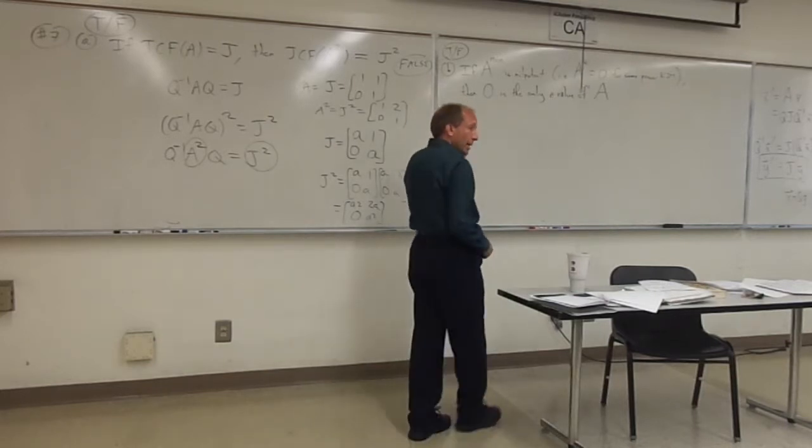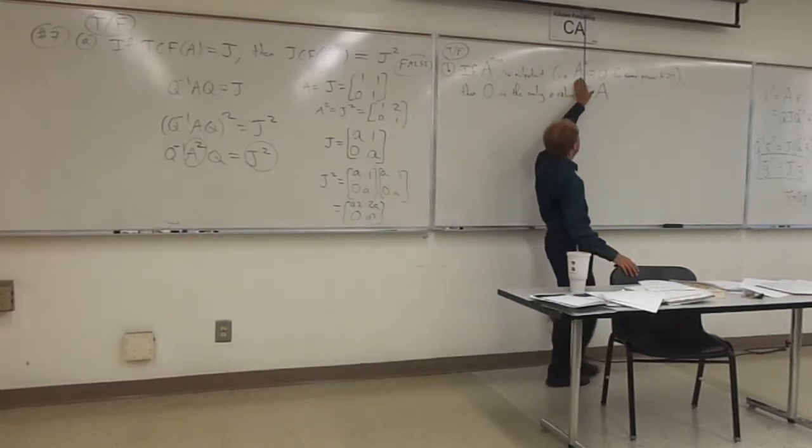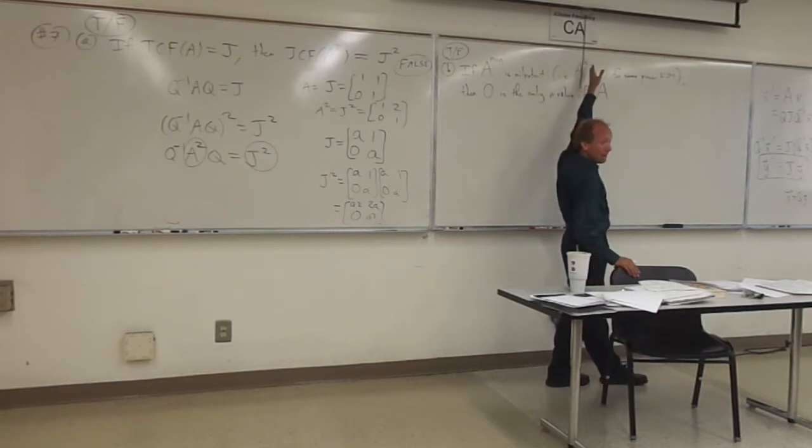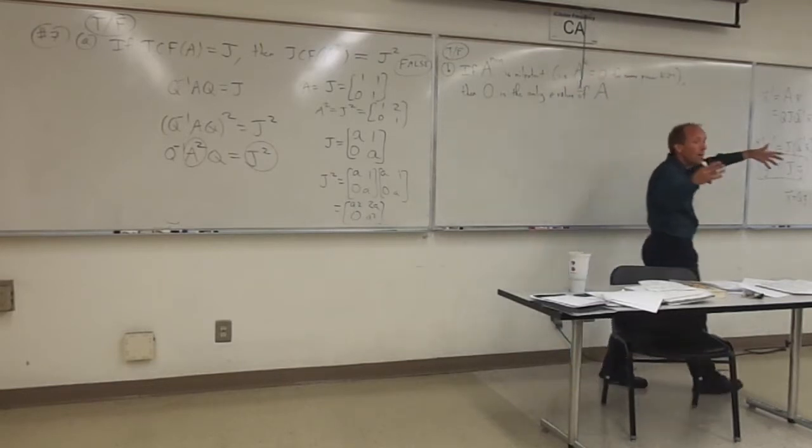By the way, this matrix, I think you'd all agree, capital A cannot be invertible. Because if the matrix was invertible, then no power of it could be 0. Just think about the determinant here. The determinant of A to the kth power is 0, so the matrix is not invertible.